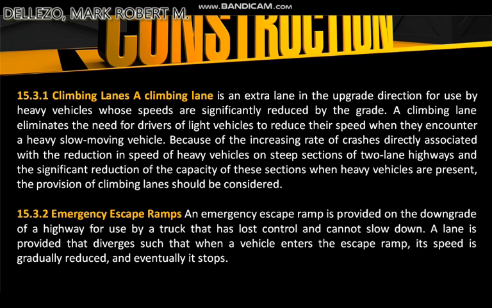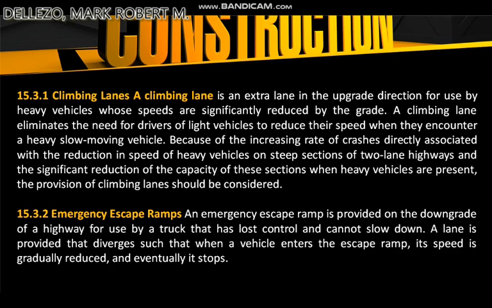The next, climbing lanes. A climbing lane is an extra lane in the upgrade direction for use by heavy vehicles whose speeds are significantly reduced by the grade.